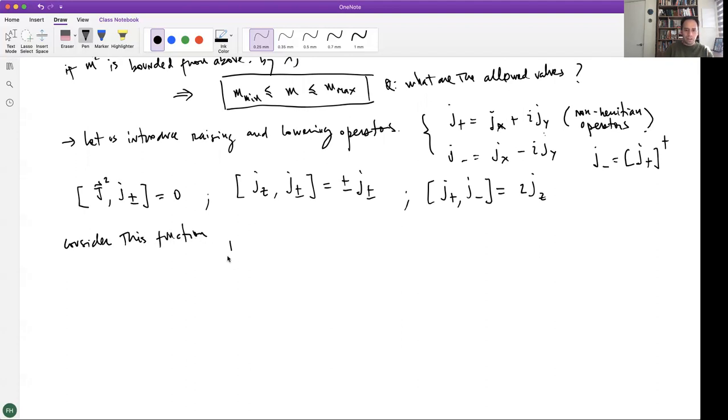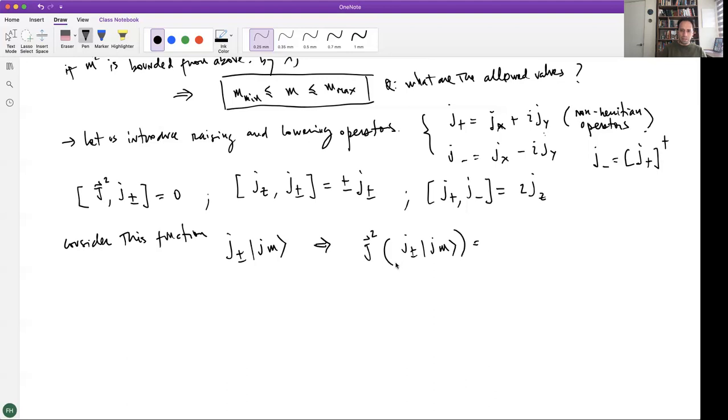Then we're going to consider J plus-minus on |j m>. This is a valid eigenstate, the action of an operator over an angular momentum state, and we can write down things like this. So what is J squared on this state?